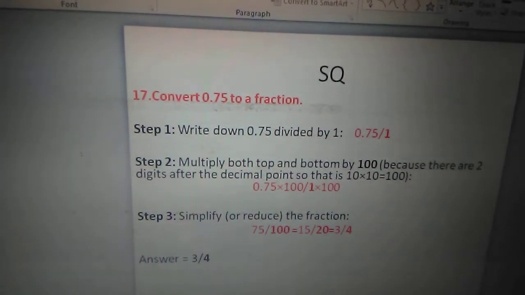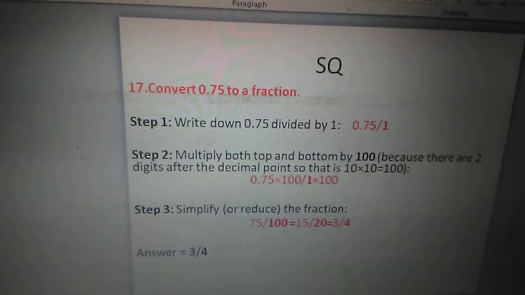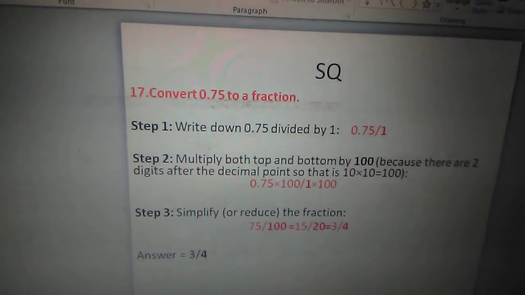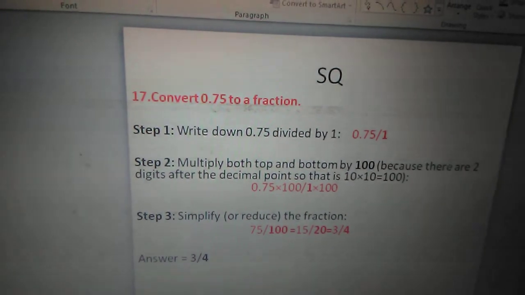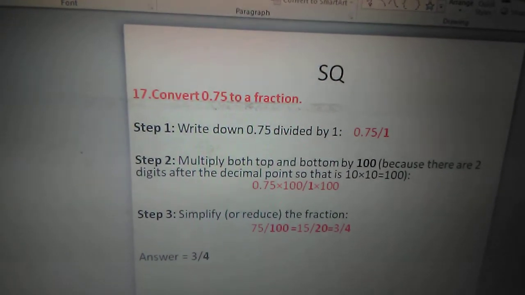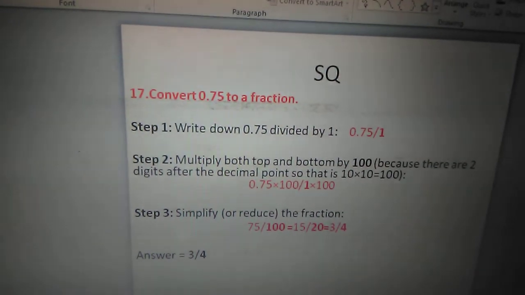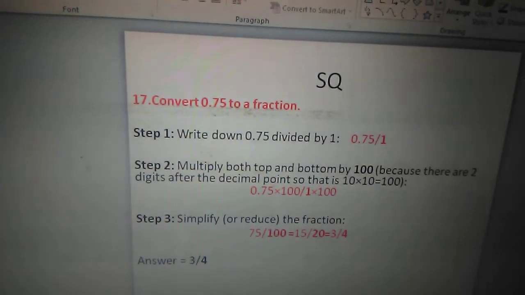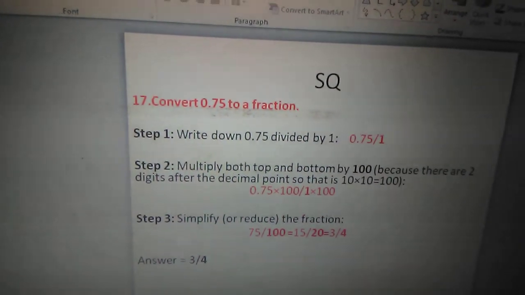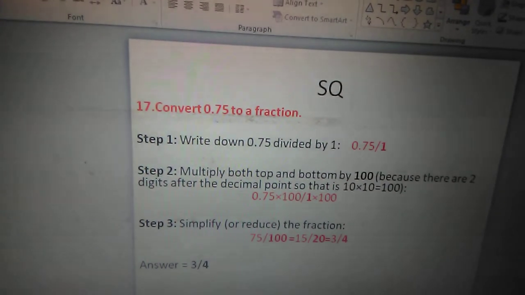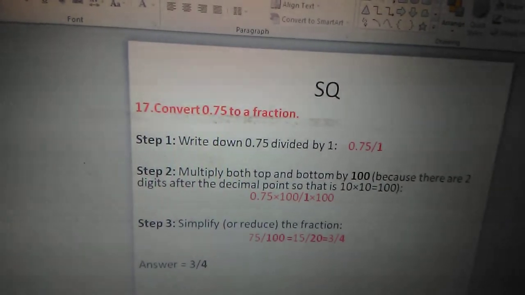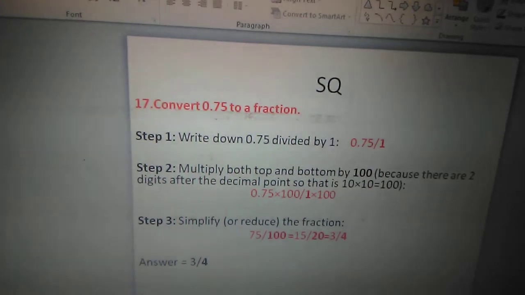Now we'll reduce that one. If we divide 75 by 5, it is 15. If we divide 100 by 5, it is 20. Again, if we divide 15 by 5, it is 3. If we divide 20 by 5, it is 4. So it is 3/4.